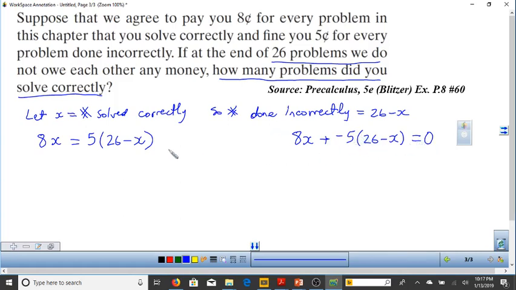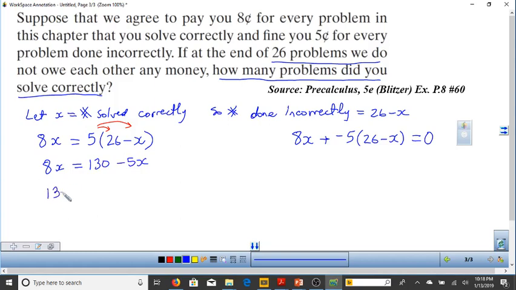Now let's solve this. This looks like a linear equation, so we'll just distribute the 5 and combine like terms. So we have 8x equal to 5 times 26, which is 130, minus 5x. Then we add 5x to both sides, so we end up with 13x is equal to 130.